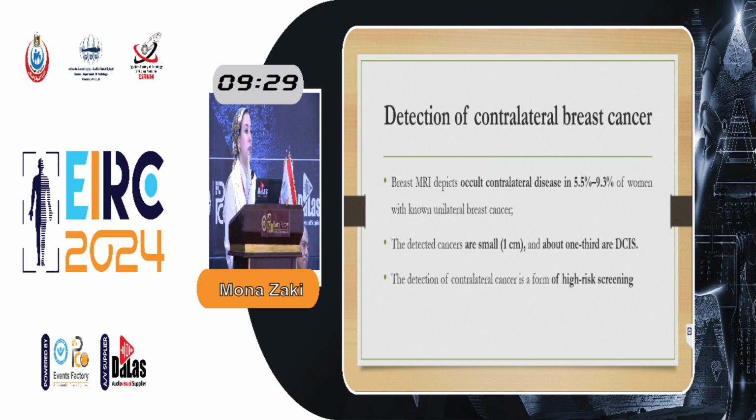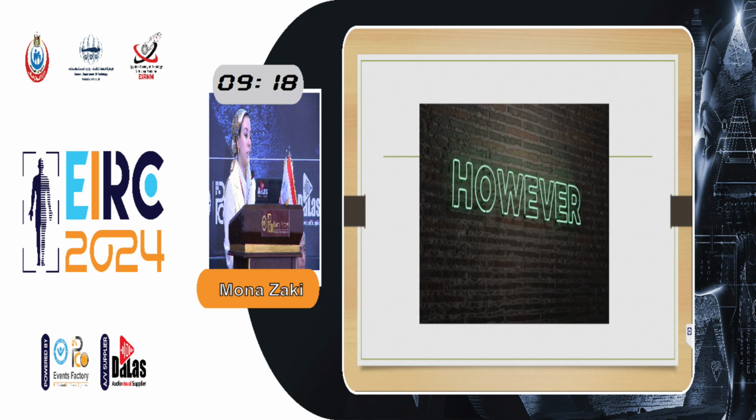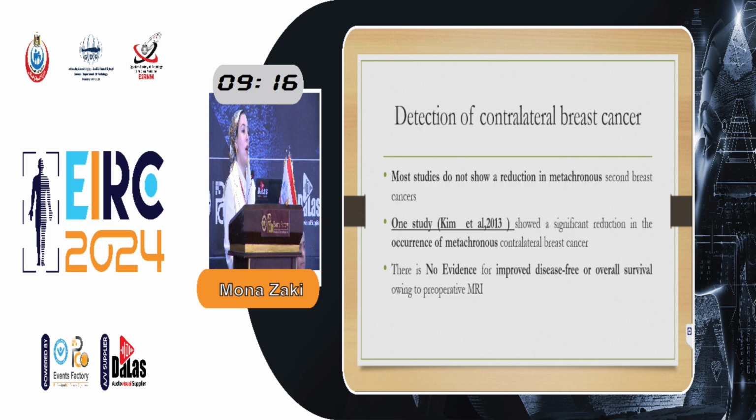Contralateral breast cancers detected using MRI are usually small, and one third are DCIS. Detection of contralateral breast cancer is considered high-risk screening. However, most studies didn't show reduction in metachronous breast cancer occurrence by using preoperative MRI, although one study showed such a reduction.